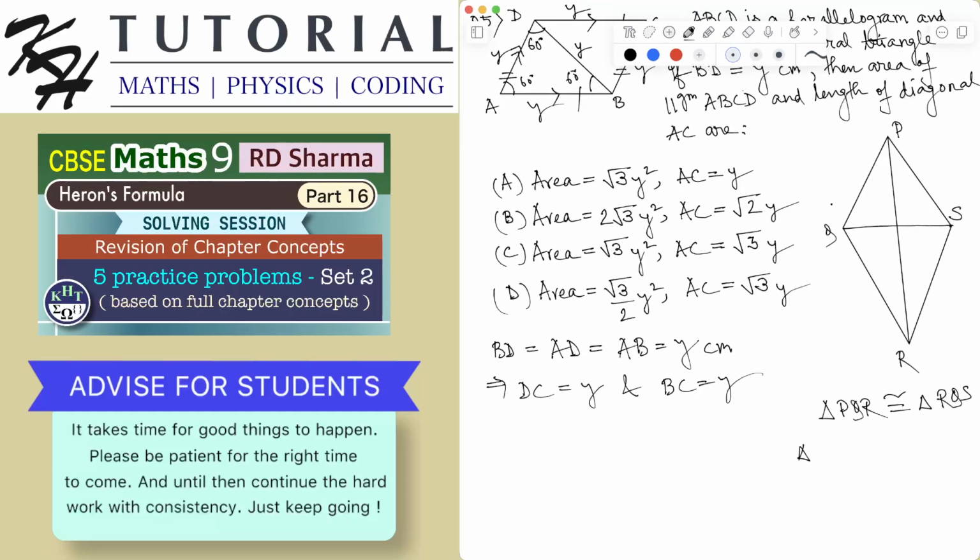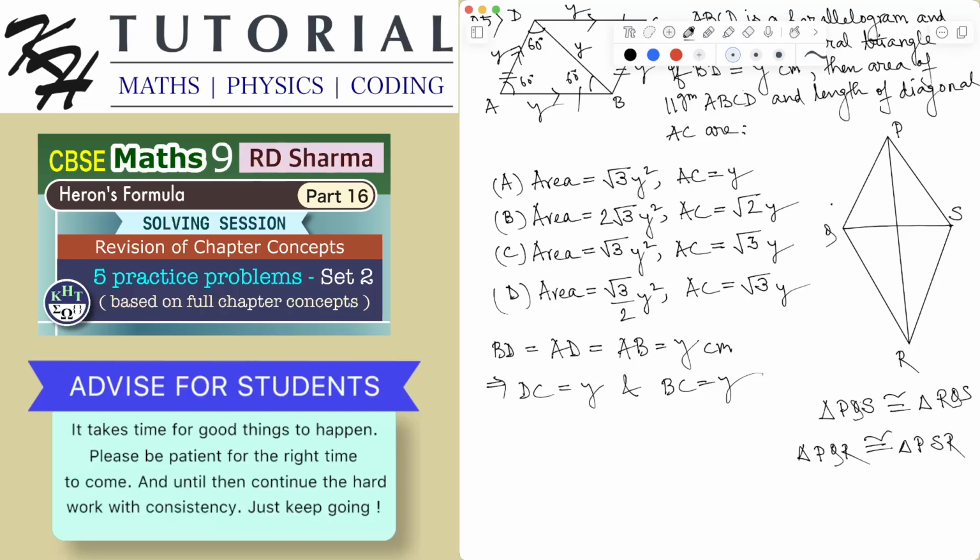For the diagonal QS, the triangle PQS will be congruent to triangle RQS, and considering the diagonal PR, we will have triangle PQR congruent to triangle PSR.